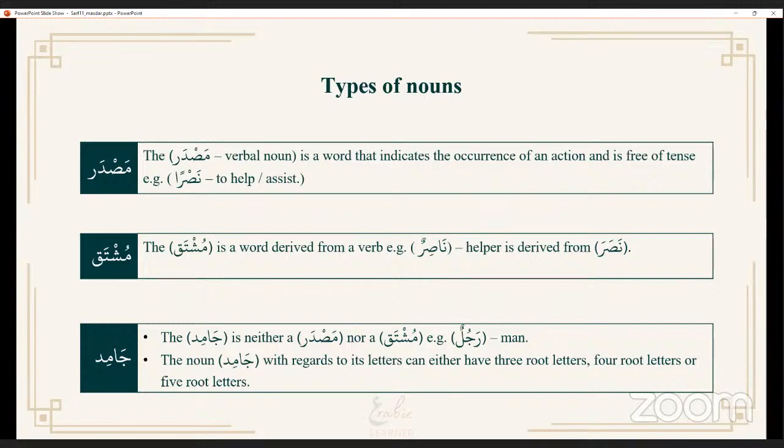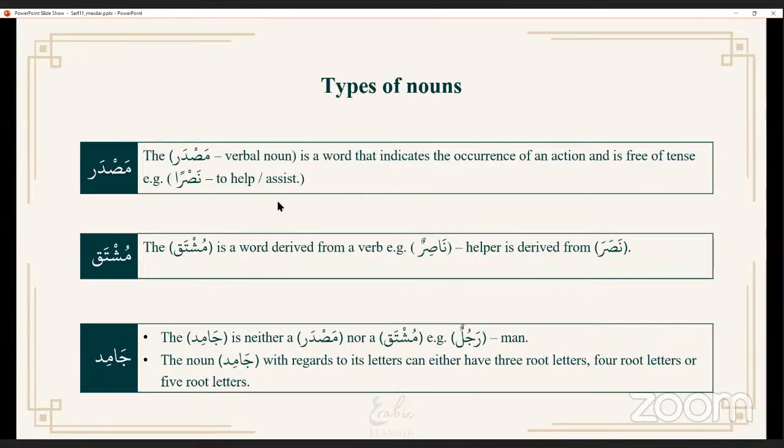And there is something called mushtaq and there is something called masdar. And mushtaq, we have taken several of the mushtaq. There are many of the mushtaq, but we have taken ism tafdeel, ism maf'ul, and ism fa'il.